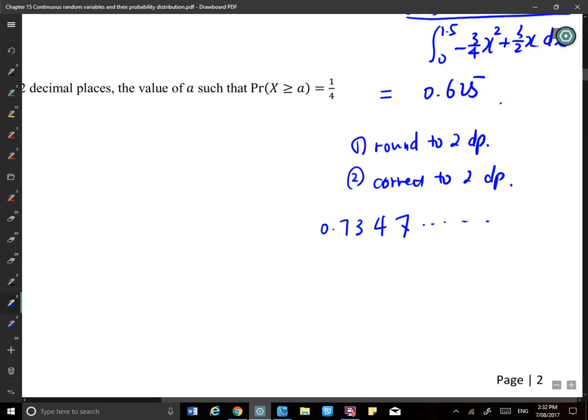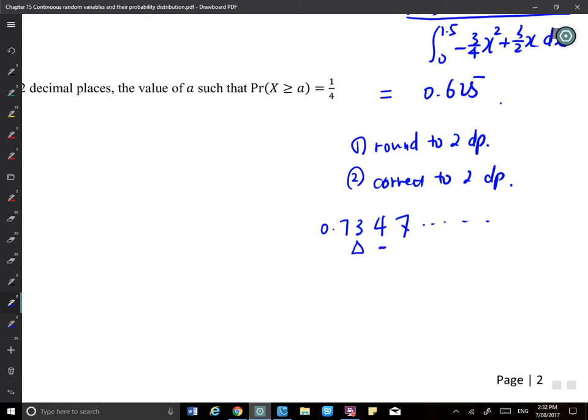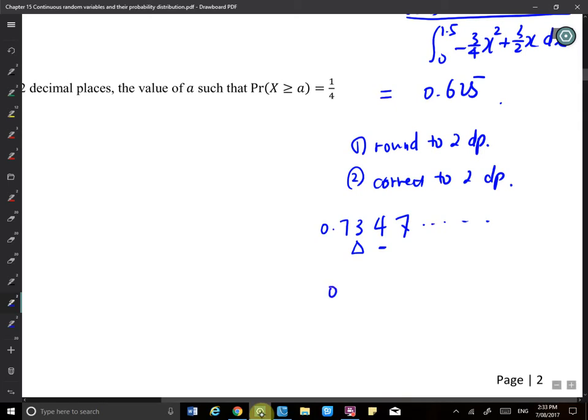The second decimal must be a 3 because the next digit is not going to round it up. So I should see your second decimal place be a 3. But some of you may want to correct it to 3 decimal places. Then when you correct to 3 decimal places, the number becomes that.